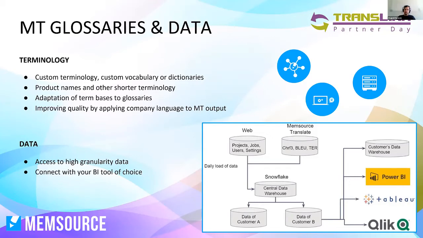So just some product names, simple terms, 1 word, 2 words maximum are best to use here. Then you cannot expect high quality output from this functionality. But in the end, obviously, this is something that you can again adopt and improve the MT output and quality there.